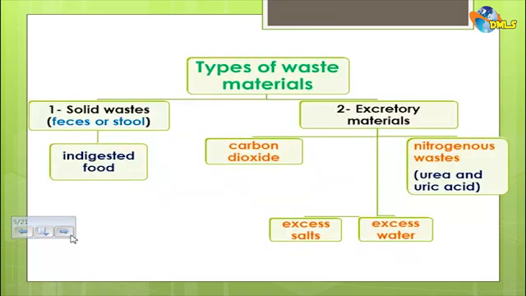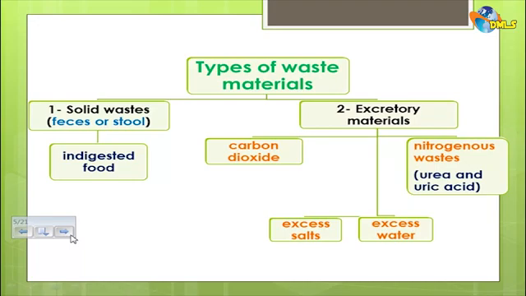So the waste materials are classified into two types. Number one, solid wastes, feces or stool. This is the undigested food that is stored inside the large intestine to be expelled out of the body. Okay, and the large intestine is responsible for this.